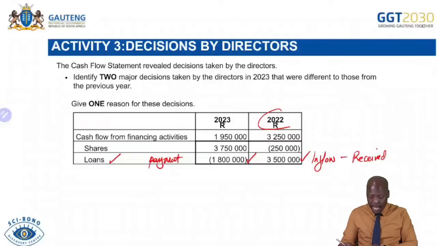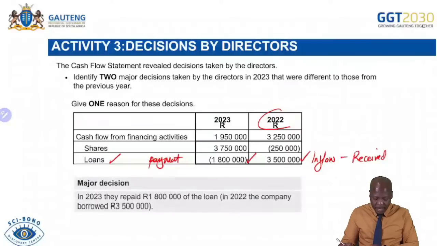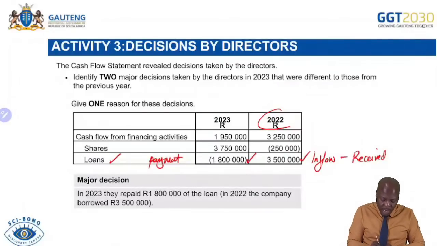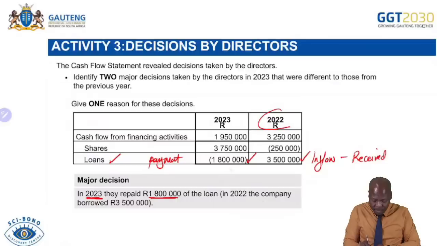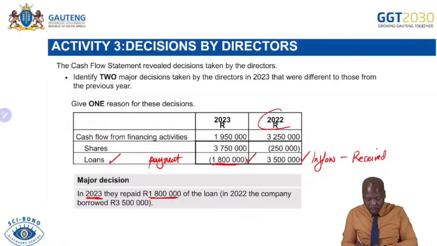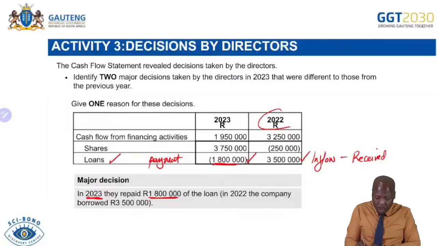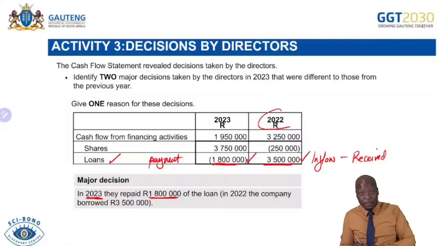So we can see here that the directors have made a decision that in 2023, they have repaid 1,800,000 of the loan. Whereas in 2022, they borrowed 3.5 million.